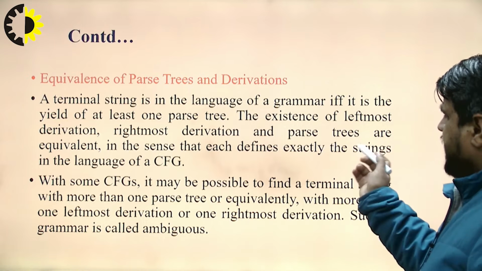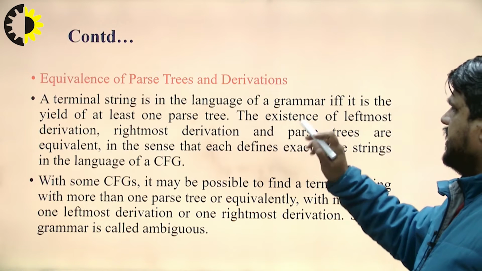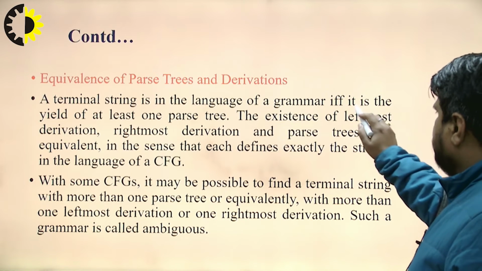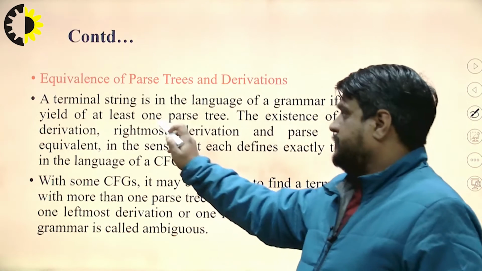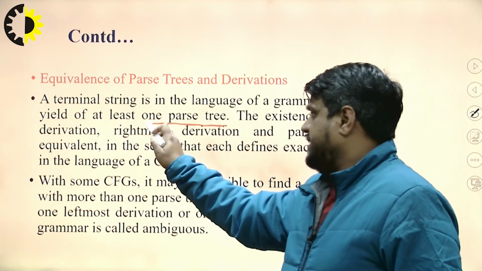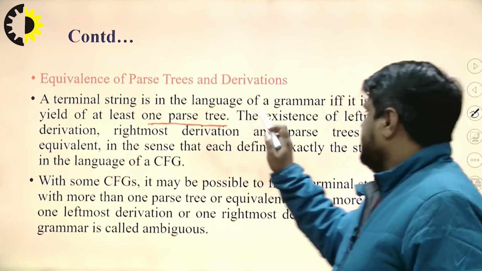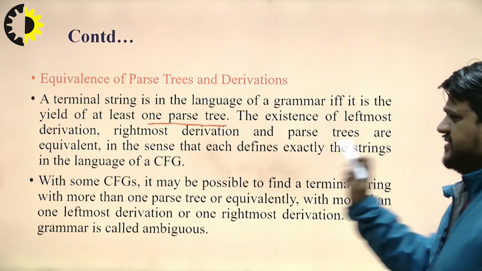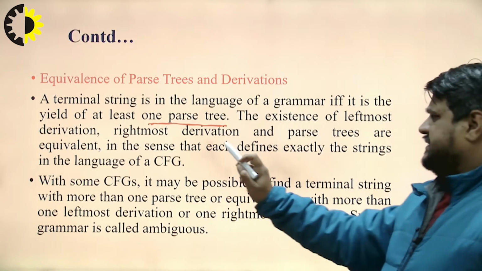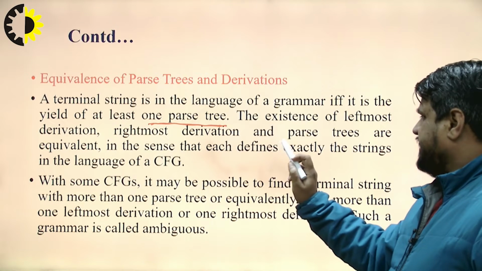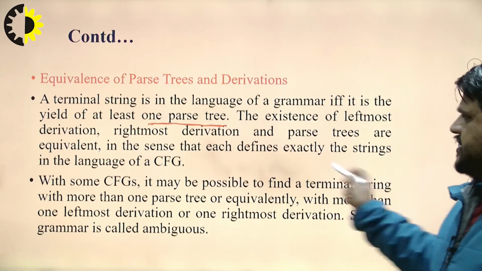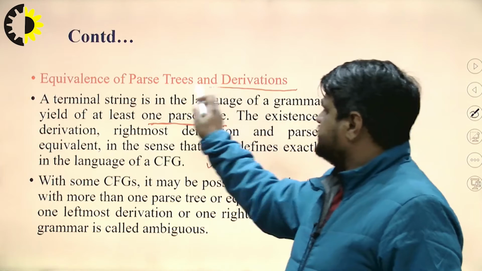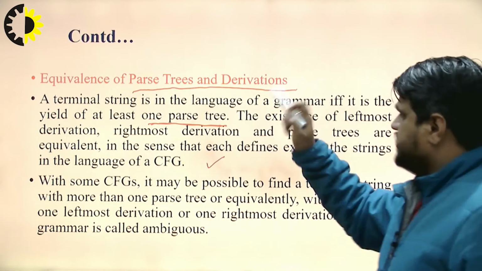So if any terminal string is inside the language of a grammar, it is the yield of at least one parse tree, so there must exist one parse tree, right? So the existence of the leftmost derivation, rightmost derivation and parse tree are equivalent. In the particular sense that each defines exactly the strings in the language of a grammar, right? So this shows you the parse tree and derivations equivalence.